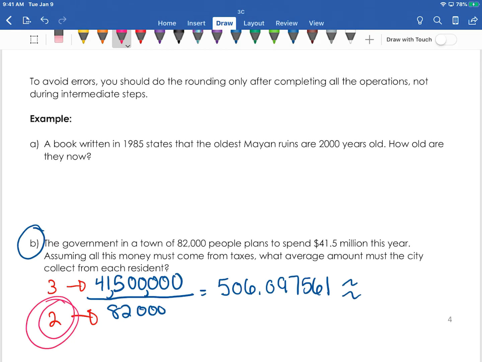So if I need to round 506.097561 to two significant digits, the only way that I can do that is if I round it to $510. So as an approximation, I can say that there's $510 in taxes for each person in this town so that the town has enough money in the budget to run its day-to-day functions.